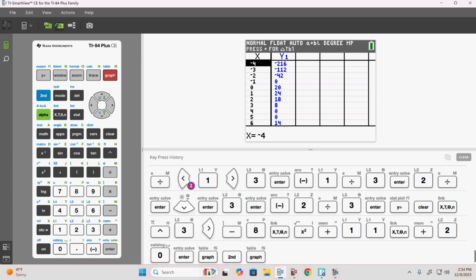And again, when we look at the table, we look at the graph. When we're looking at the table, we're looking for what value of x makes the y value be what? 0, yes? And at negative 1, the y value is indeed 0, isn't it? Any other values that give us 0? 4 and 5, yes?